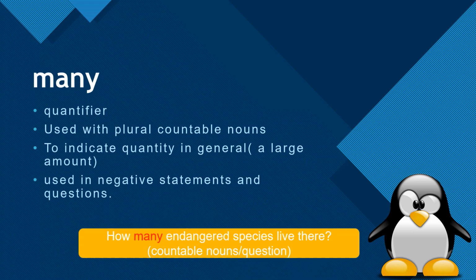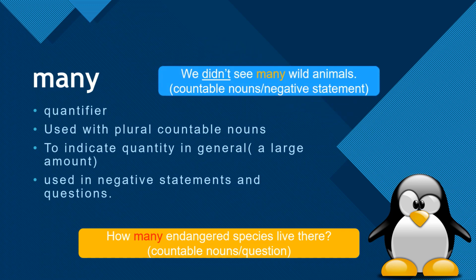For example, how many endangered species live there? So we use many in a question with countable nouns. And we didn't see many wild animals. Here we use many in a negative statement with countable nouns.